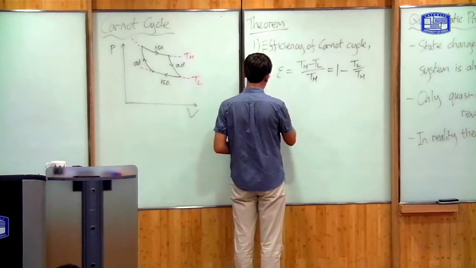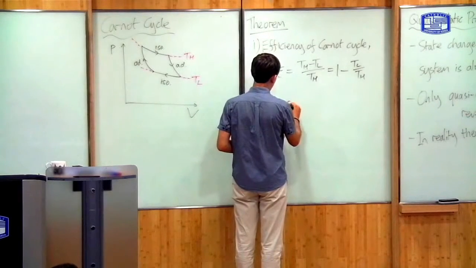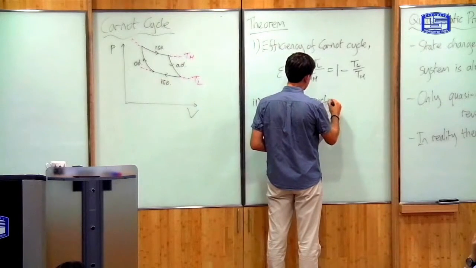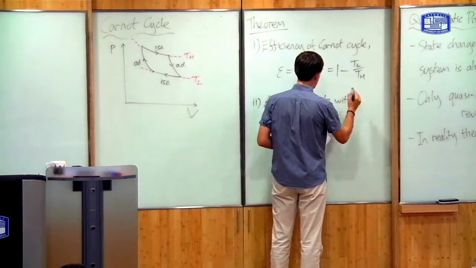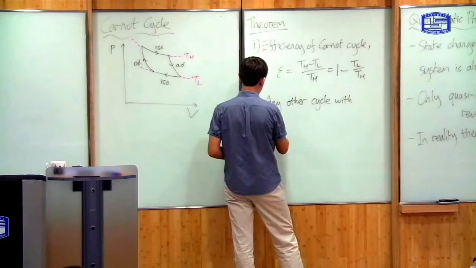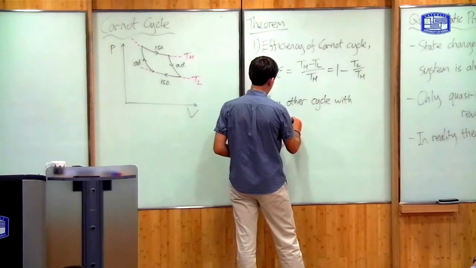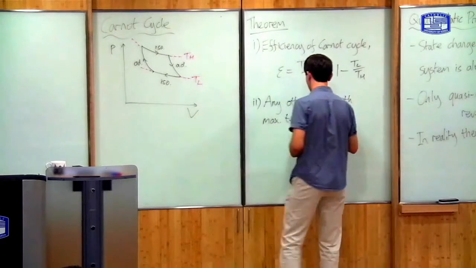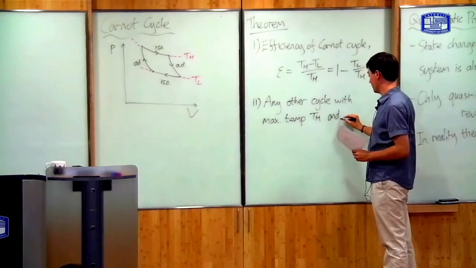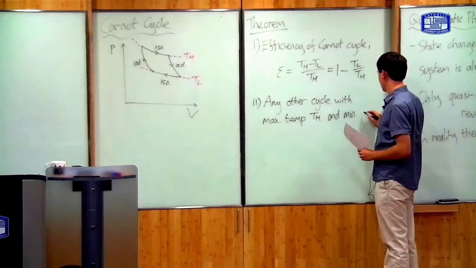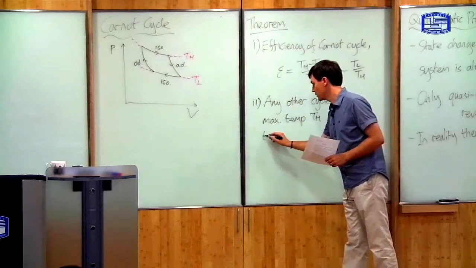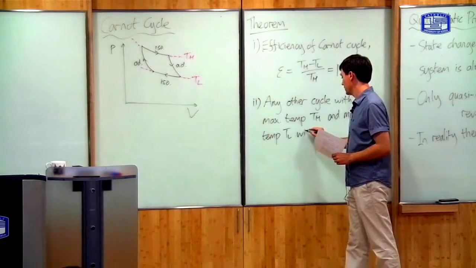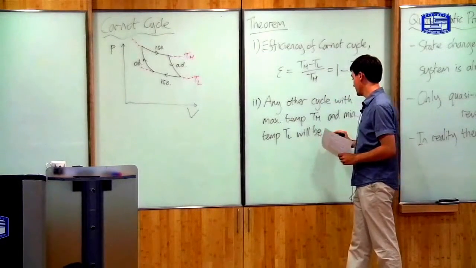So any other cycle with maximum temperature TH and minimum temperature TL will be less efficient.